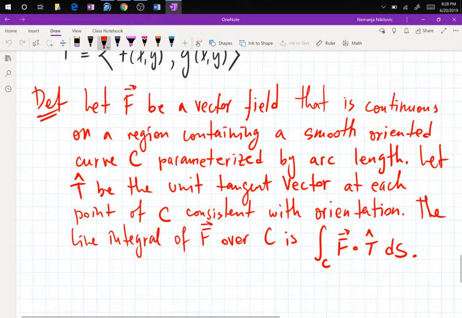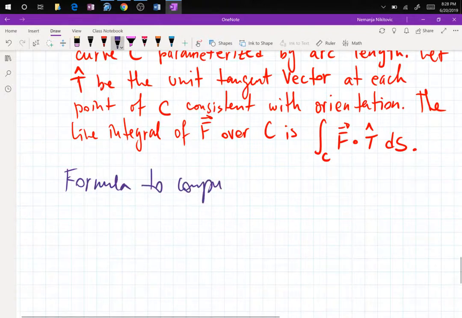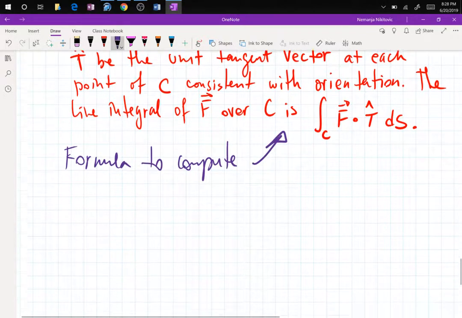Now, we do not parametrize over the arc length, and because we do not parametrize over the arc length, that's not the formula we use to compute stuff. We compute the line integral by using the following formula. So, formula to compute this. So I'm not writing the title forever.